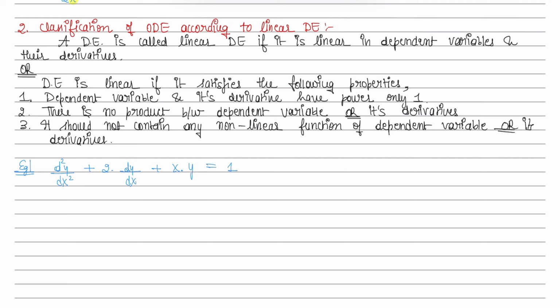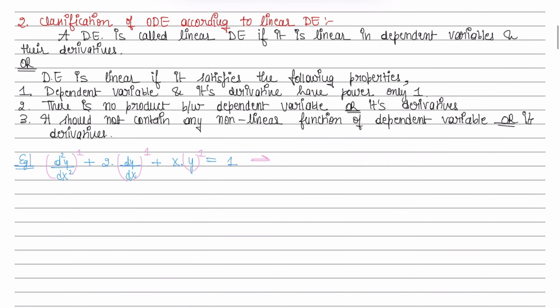Note that here I have power 1, this also has power 1, and y is also having power 1. So the first property is satisfied. Second property says that there is no product between dependent variable and its derivative. None is present. The third property says that it should not contain any non-linear function of dependent variable or its derivative. So third property is also satisfied, implies this is a linear differential equation.